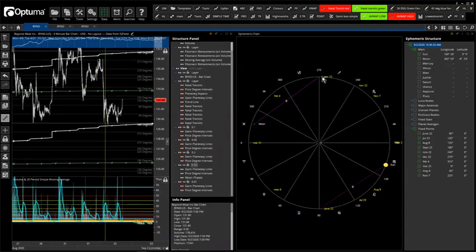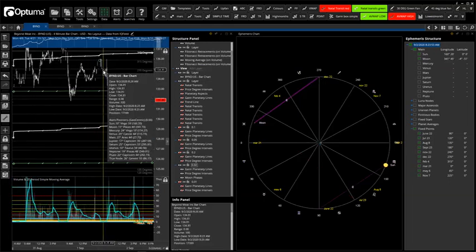At this moment, technically, the moon overnight was attracted to the lower level, but as the market opens, it's also attracted to this 270 degree level. And at that exact moment, it's at 270 degrees.